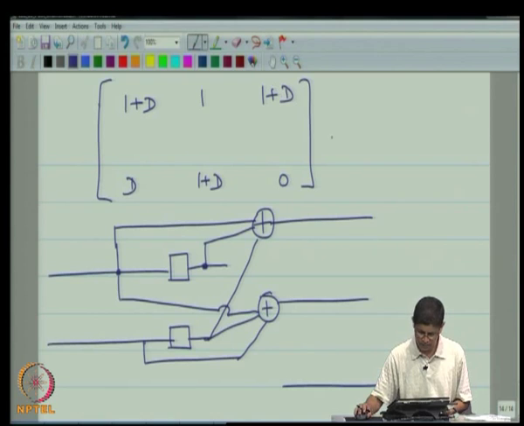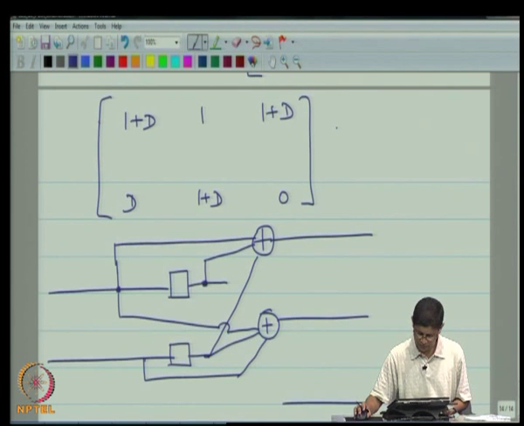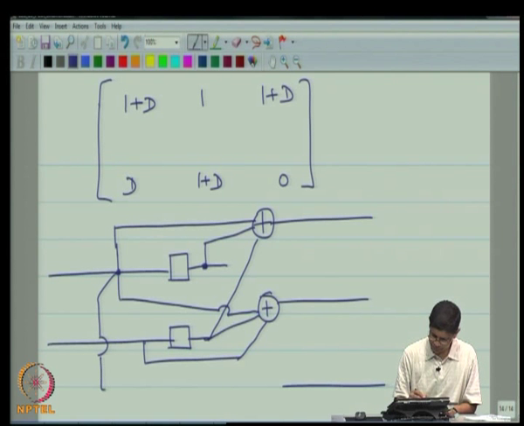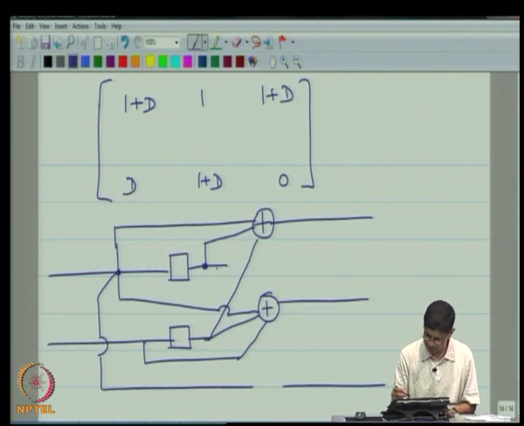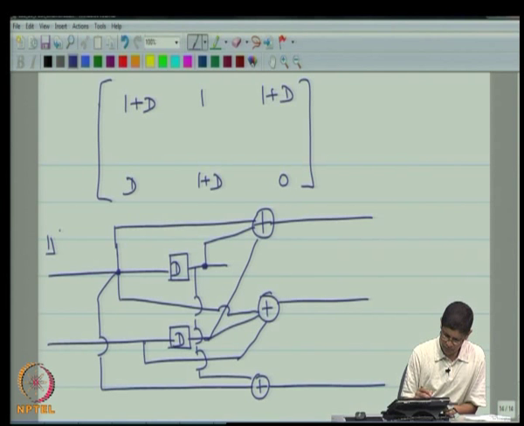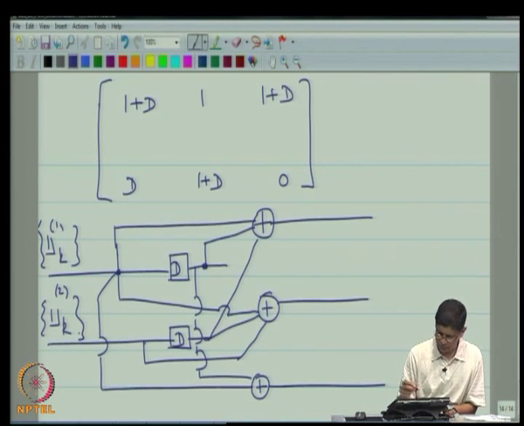And the third output is 1 plus D and 0, which means that its output is derived only from the two tapping points of the first input line. So, your encoder will look like this, and let me put a D. So, this is your first input U1 of k, and this is U2 of k.